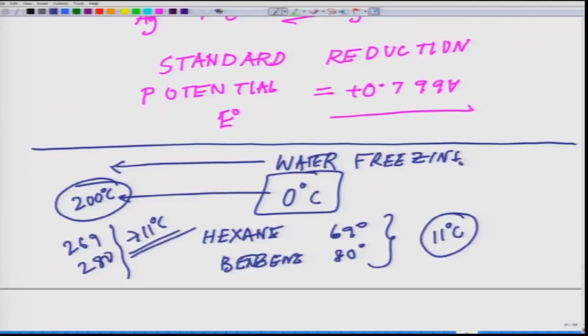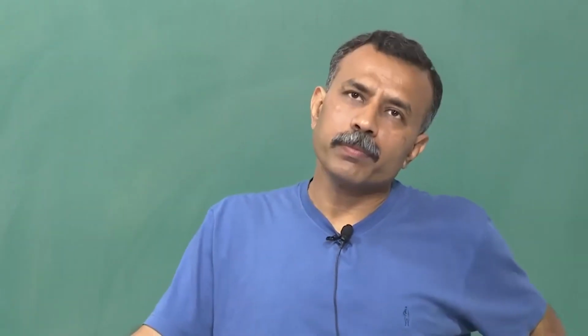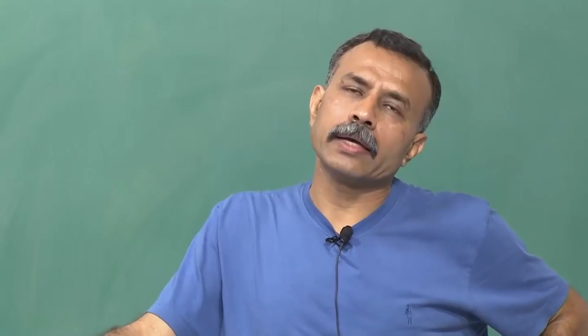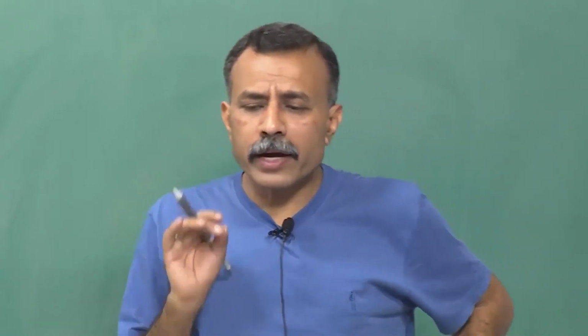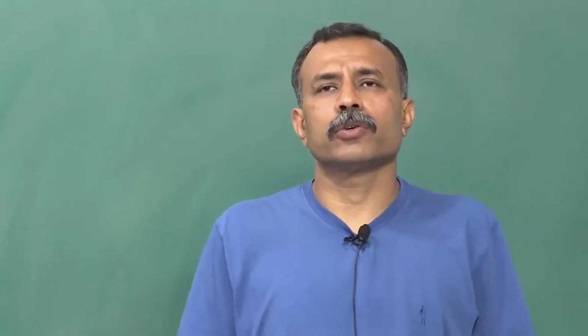So in other words, what I wanted to highlight through this analogy is, you can always develop other kinds of simple references as long as you calibrate your reference electrode with a standard hydrogen electrode.